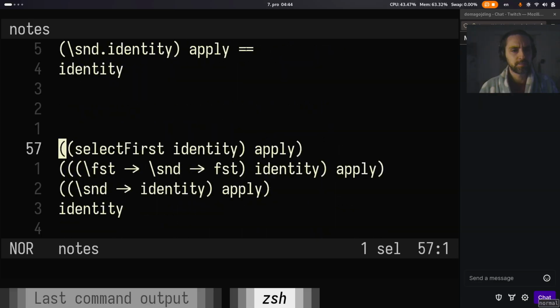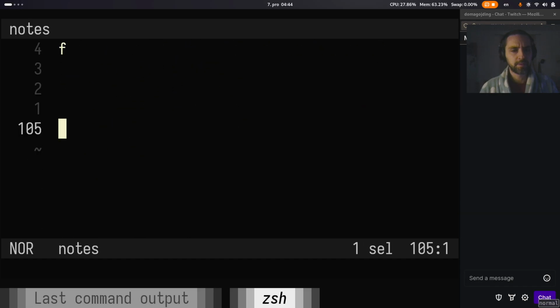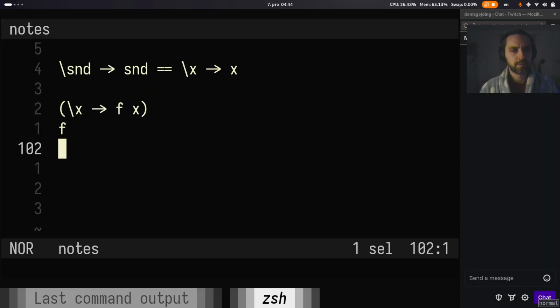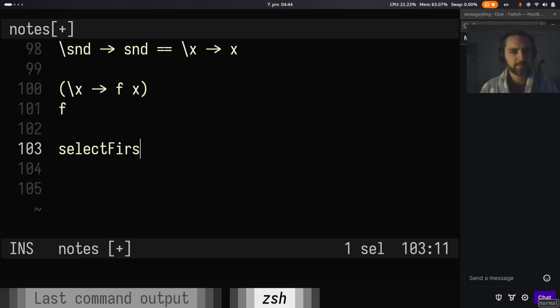So make pair. So okay, we have select first, and we're going to apply that. Let's try like this. Let's see what's going on.